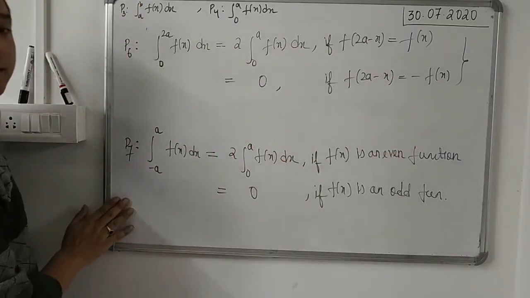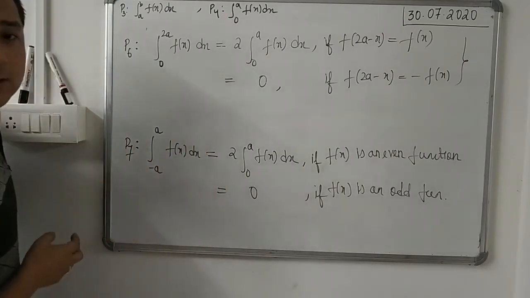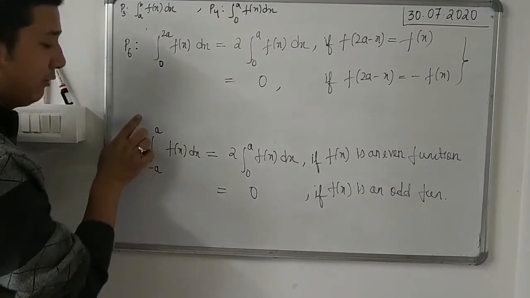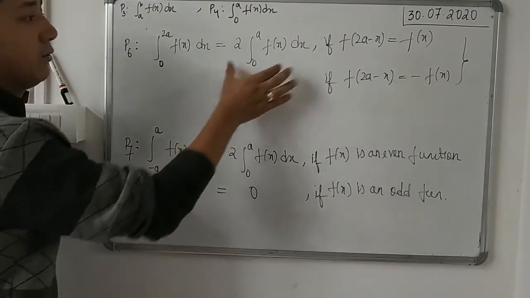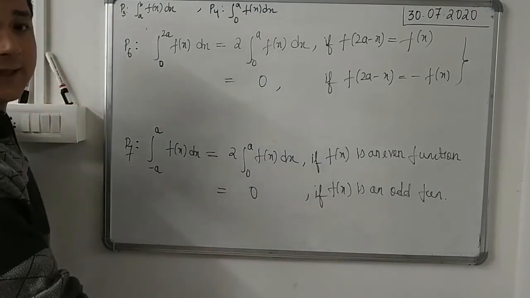Similarly, P7. Now if we are using P7, I can only use it if the limit is starting from minus a to a. Minus a to a f(x) dx is equal to twice of this, the same thing, and 0. But the conditions are different.